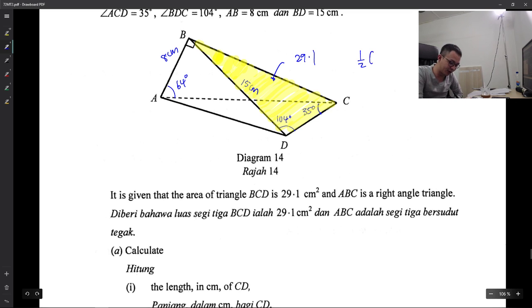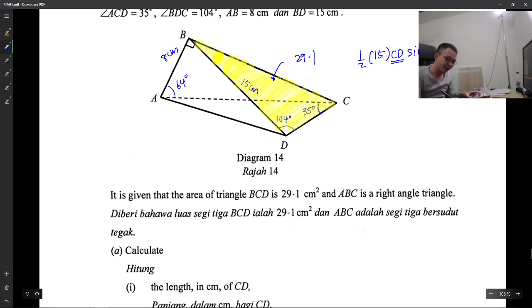BD is 15, CD I do not know, and sine of the angle in between, sine 104, should equal 29.1. So, two sides and one angle in between. You should know about this formula.